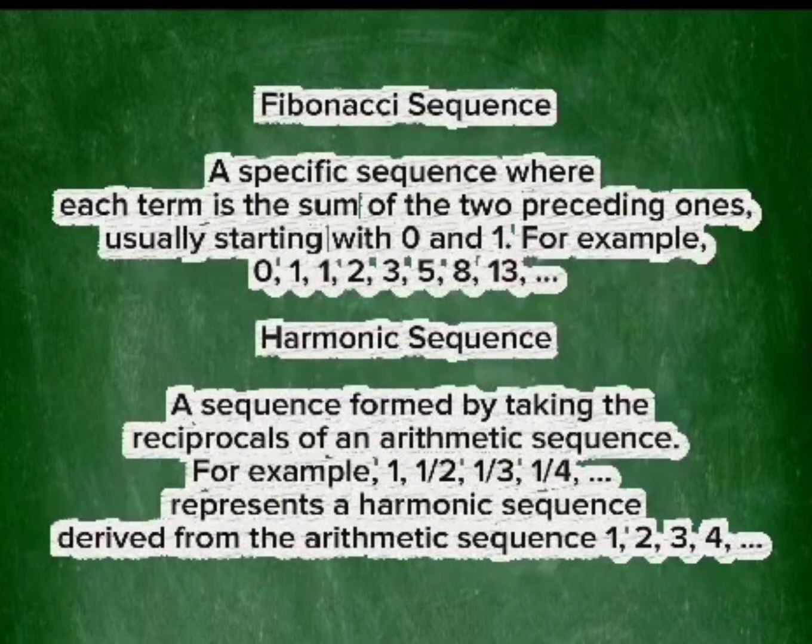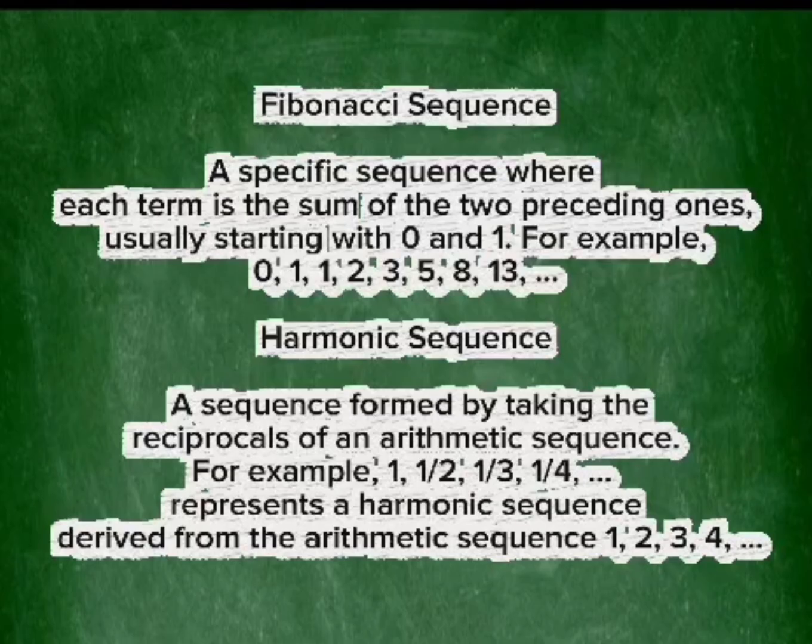Third is the Fibonacci sequence. A Fibonacci sequence is a specific sequence where each term is the sum of the two preceding ones, usually starting with 0 and 1. For example, 0, 1, 1, 2, 3, 5, 8, 13, and so on. And the fourth is the harmonic sequence.